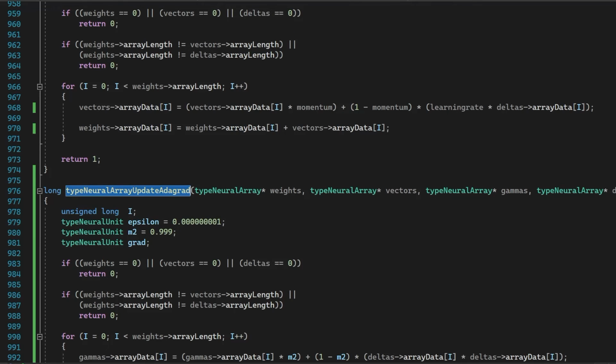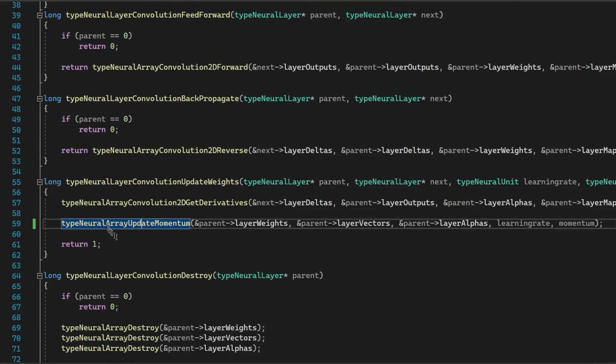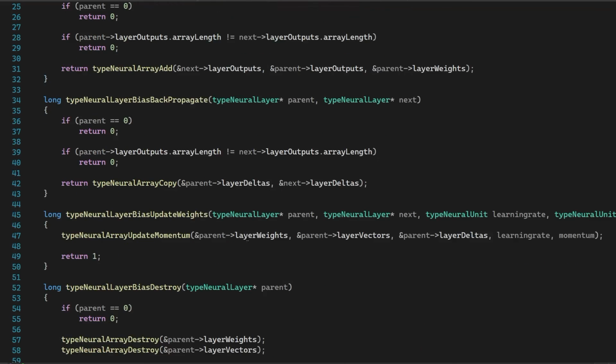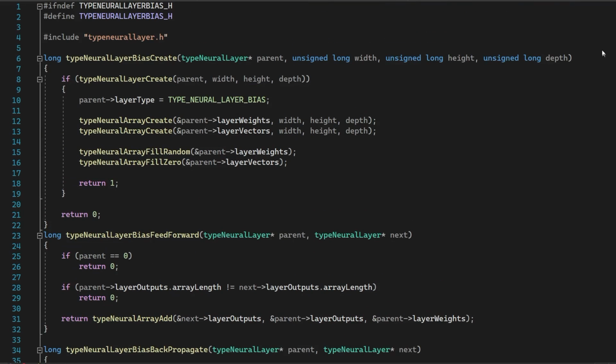I also need a way to compare things. AdaGrad and bias. Where's bias? Neural layer bias. Like I said, I need a way to select which one I'm going to be using. Oh, we need gammas.